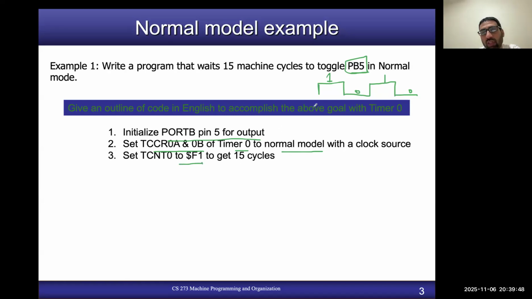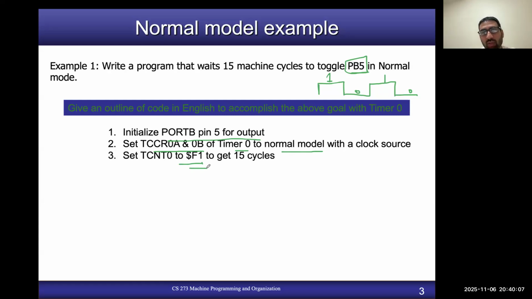So we will initialize the register with F1, and then we will first output a value of 1 on the PB5. Then wait for the overflow flag to become 1.